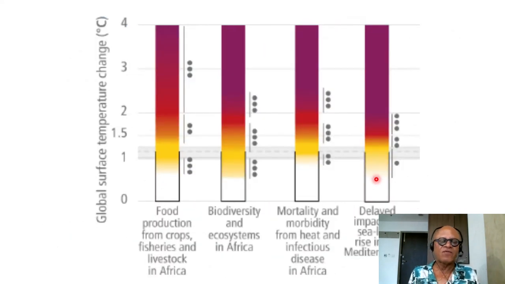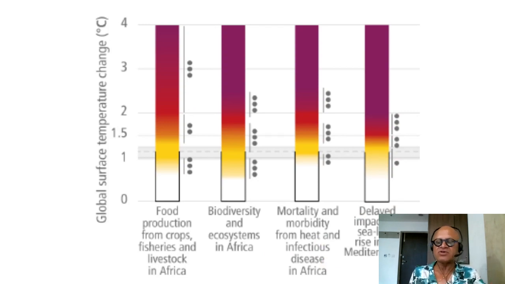There is a value to looking at regional impacts as well. If you look at Africa and the Mediterranean, often associated with each other, Middle East and North Africa: food production from crops, biodiversity and ecosystems in Africa, including fisheries and livestock, mortality and morbidity of heat and infectious disease in Africa, delayed impacts of sea level rise in the Mediterranean.